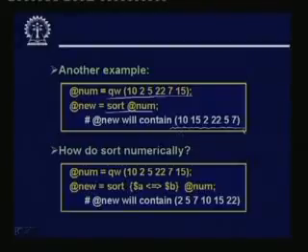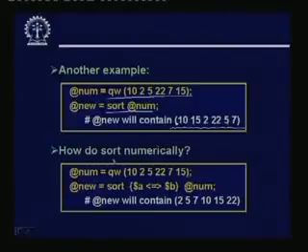But in lexicographic ordering this is fine, because in dictionary ordering 1 will always come before 2. That is why 10, 15, where the first letter is 1, will come before anything starting with 2, then 2, 22, then 5, then 7.